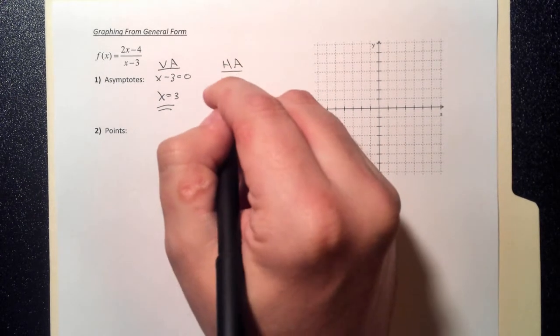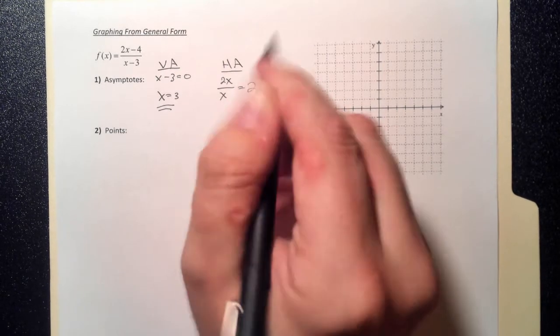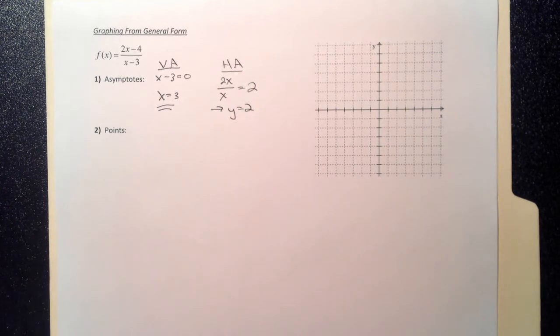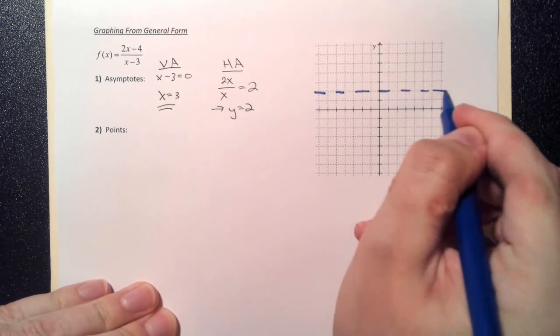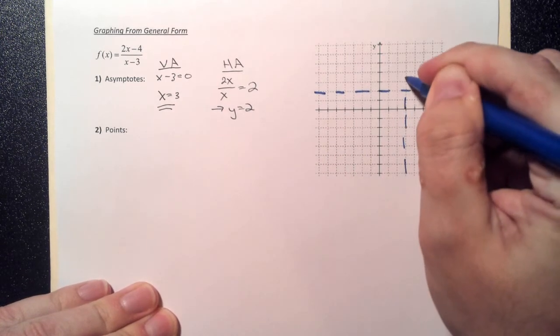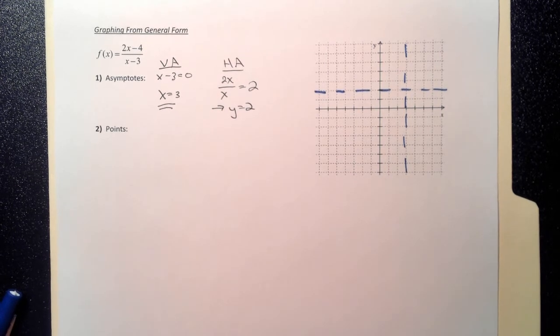For my horizontal asymptote, I'm going to compare 2x and x and get 2, which means my horizontal asymptote is y equals 2. And then again, I know what's going to happen is this is going to be somewhere in those regions, in those arcs.